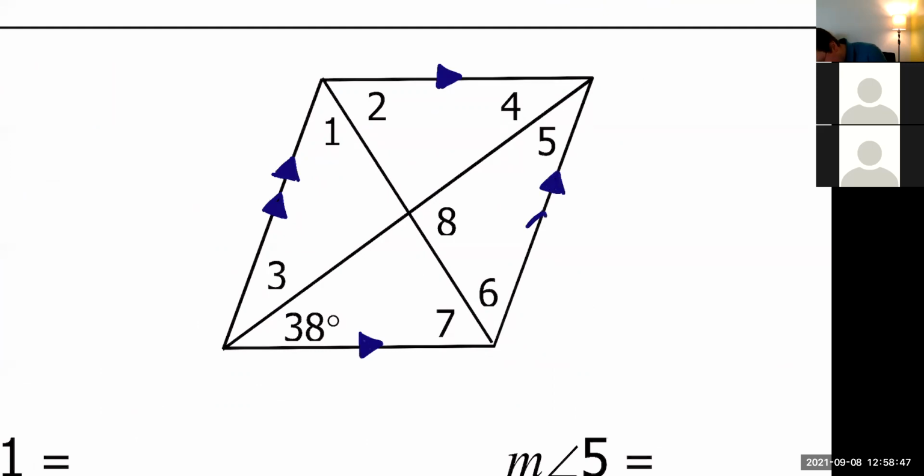So two sets of parallel lines. The diagonals then can also behave as transversals, which means we have some, like I said, alternate interior angles.